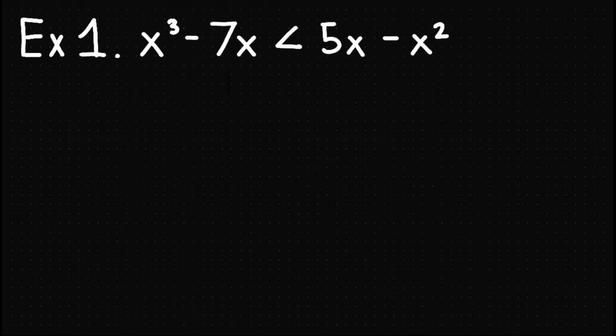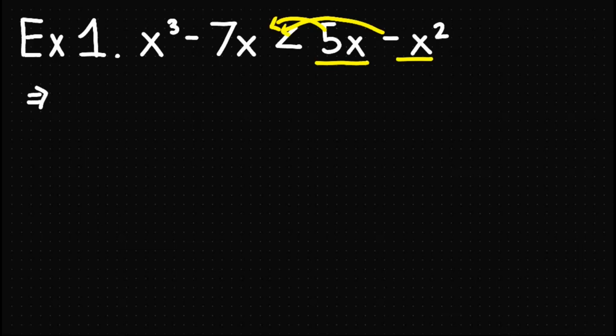With that out of the way, let us try solving this one. So the two things that we need to keep in mind is the critical point concept as well as the factoring knowledge of higher order polynomials. Okay, to solve this one, similar to how we did in quadratic inequalities, we start by moving every term to one side of the inequality and leave the right side to be 0.